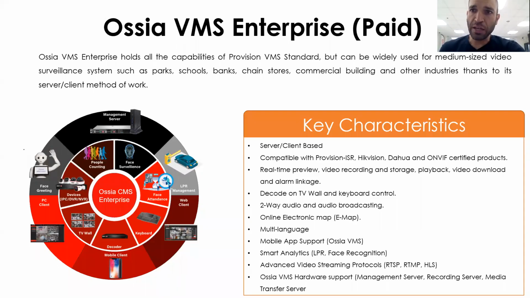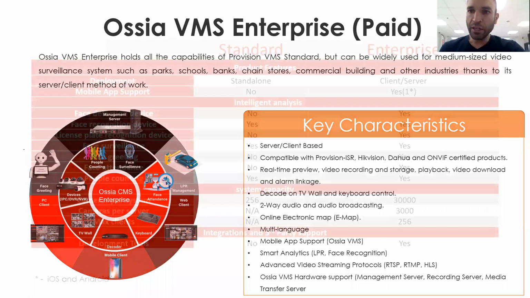We also have other features like LPR monitoring, web client, mobile app, and so on, that are not supported by the standard version at all. But most of the features, let's say 95%, are almost identical. So the main difference is the method of work, standalone versus client server based.